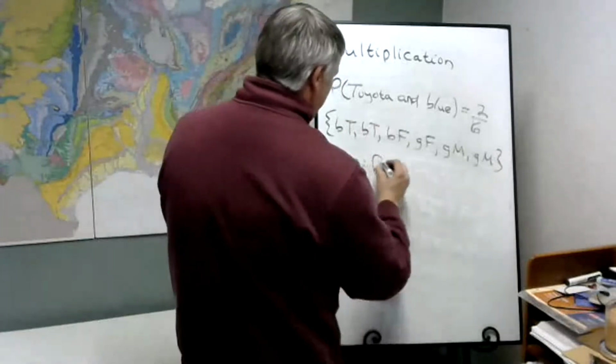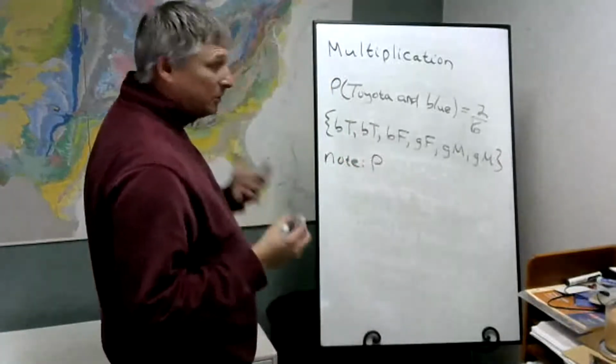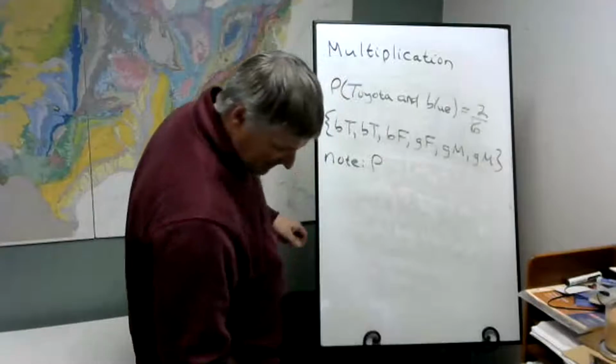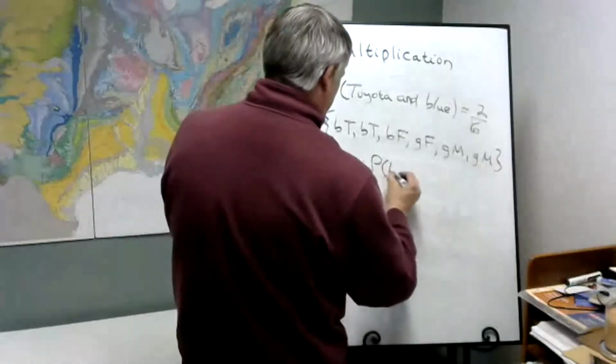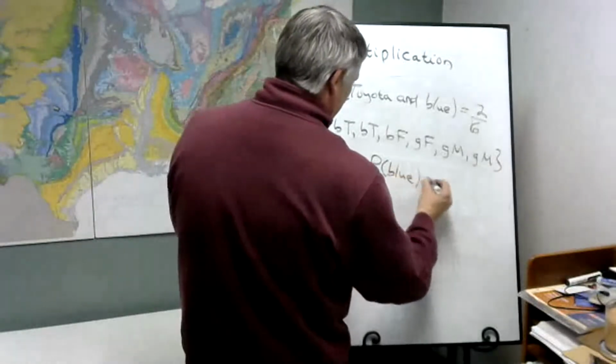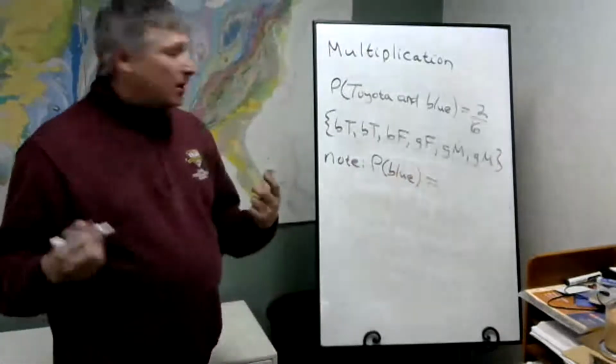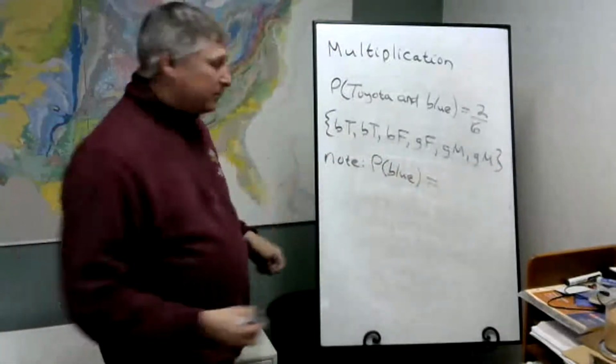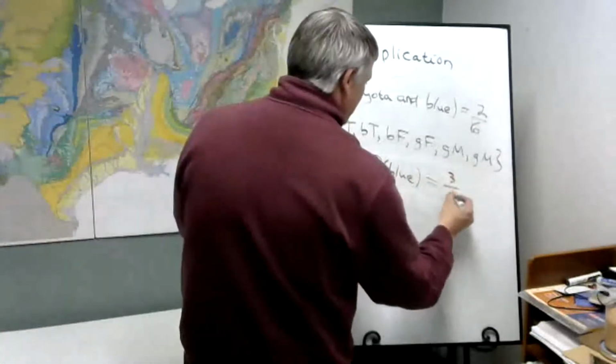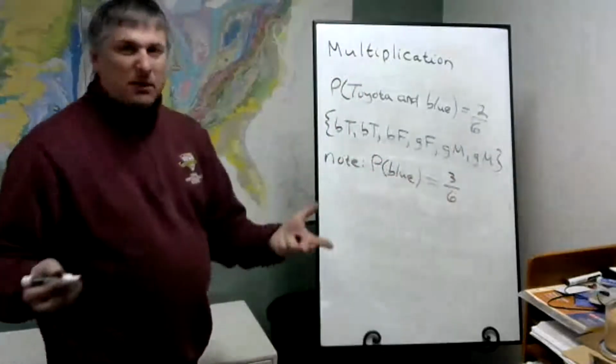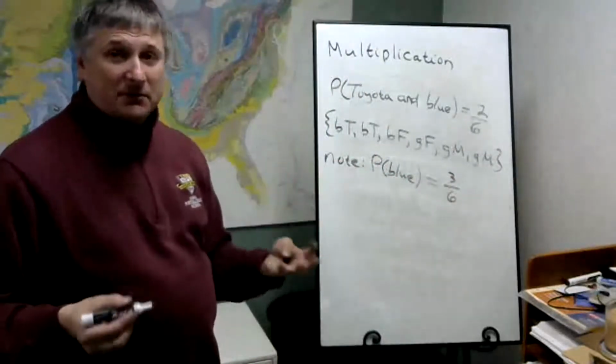I'm going to make a note. The probability of blue, let's see here. What's the probability of just getting a blue car? There's 1, 2, 3 blue cars. That's 3 out of 6. It reduces to 1/2, but we'll keep it this way just for simplicity.